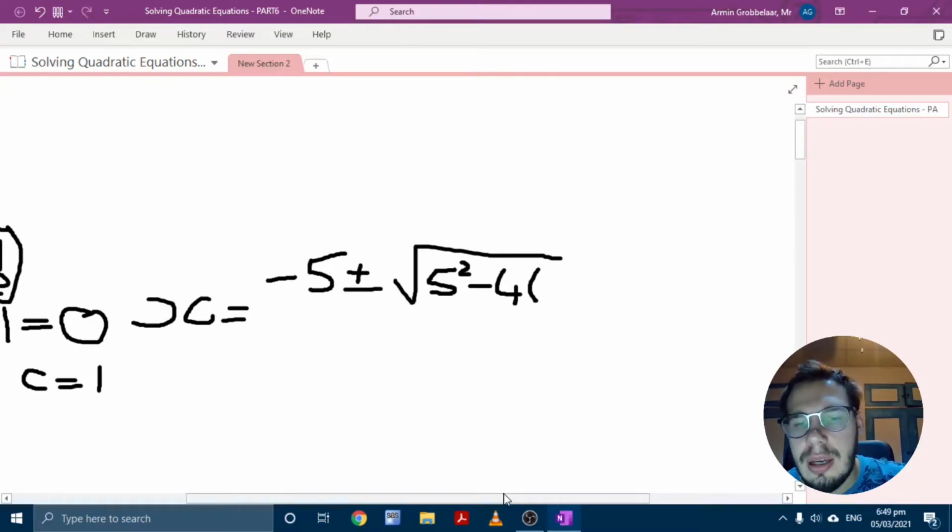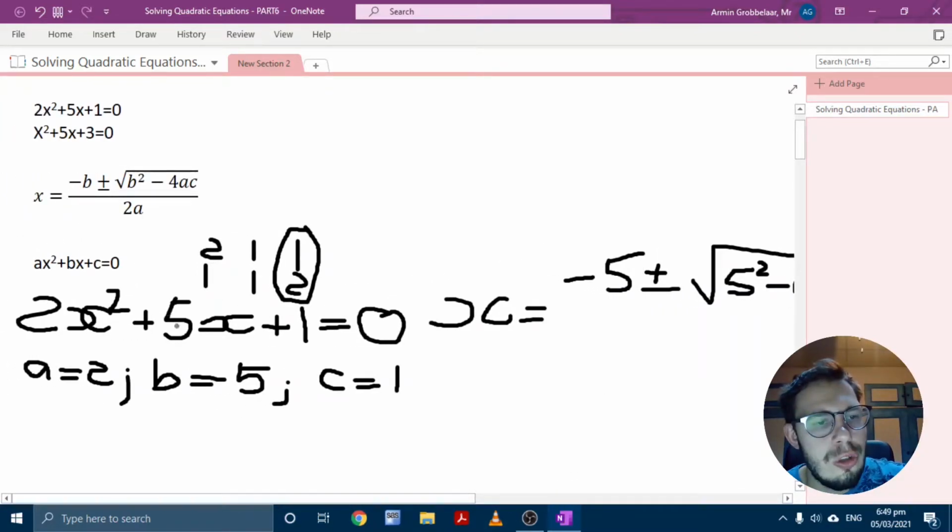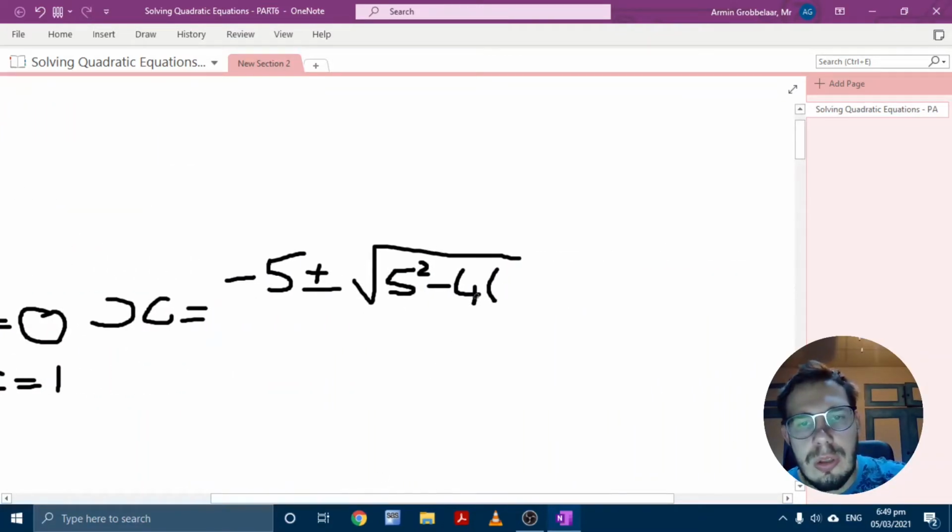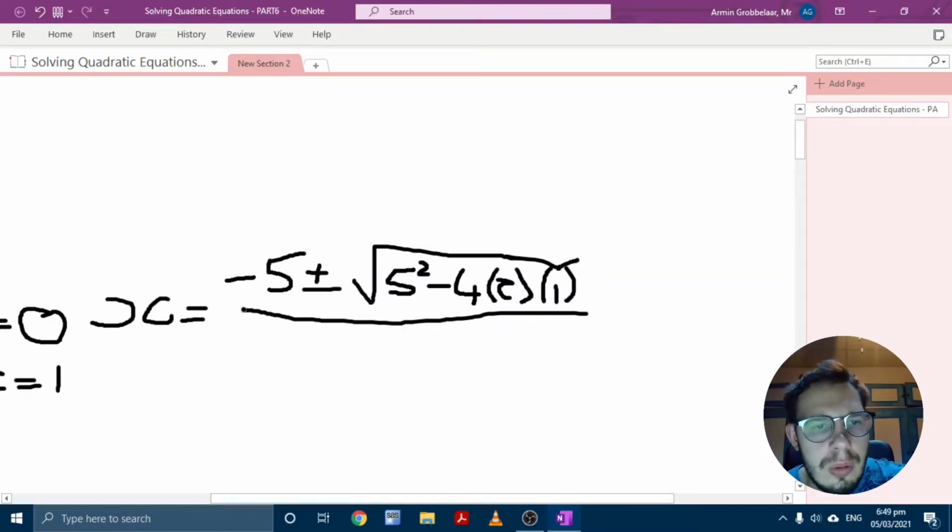Now a is equal to 2 here, and c is equal to 1. So it's minus 4 times 2 times 1, divided by 2 times 2, because a is equal to 2.